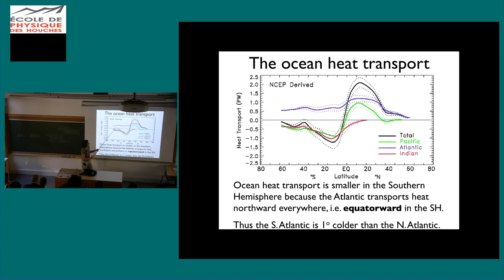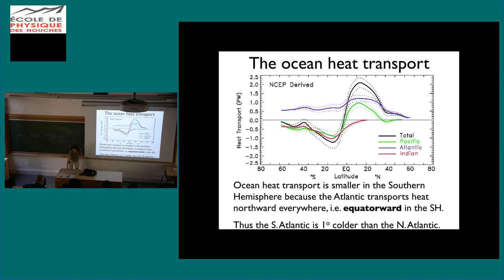transports heat northward everywhere, including in the southern hemisphere, which means that it's actually transporting heat towards the equator in the southern hemisphere. That leads to a net transport which is not symmetric around the equator, which is then compensated by the atmosphere. That is really the reason, for example, why the ITCZ, the intertropical convergence zone, in the atmosphere is shifted away from the equator.